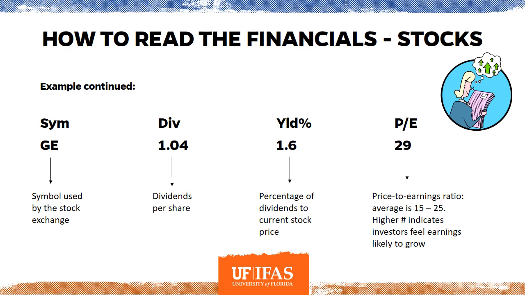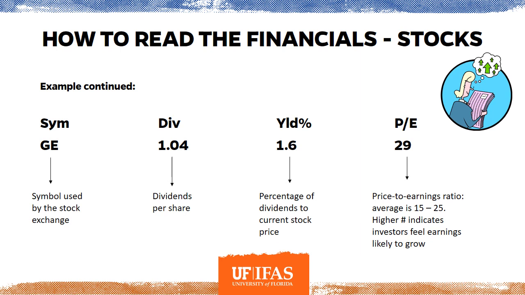What they're going to show us next under Div is if that company decides to release dividends, pay its investors on a quarterly or annual basis, that amount there, $1.04, is how much that company will pay each shareholder for each share of their stock. So if I owned 10 stocks of GE and they were going to release dividends, I'd be making $10.40.